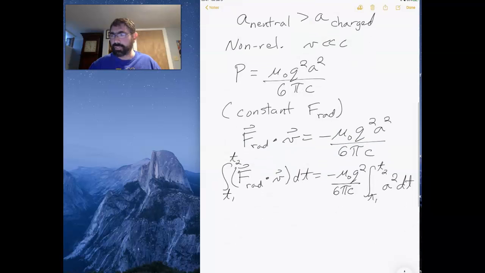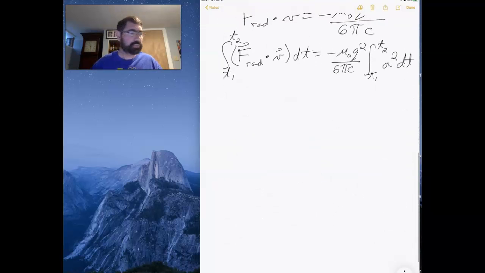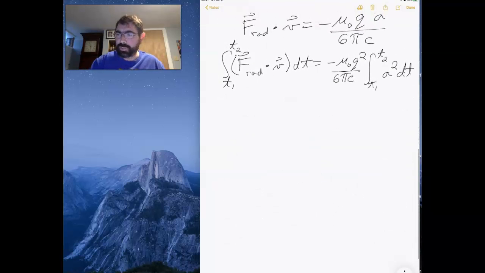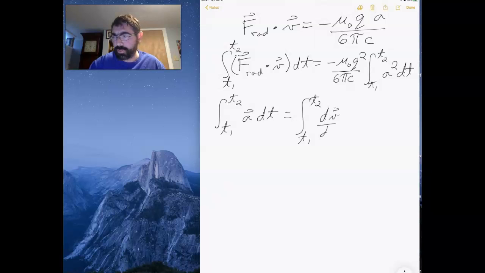So we're basically averaging the acceleration squared over time. So that integral I can write more formally as the acceleration dotted into itself.